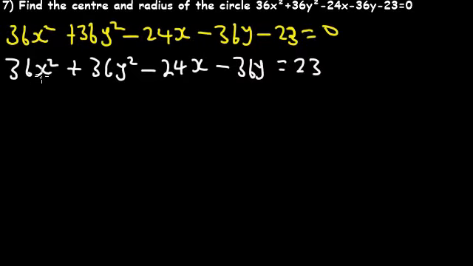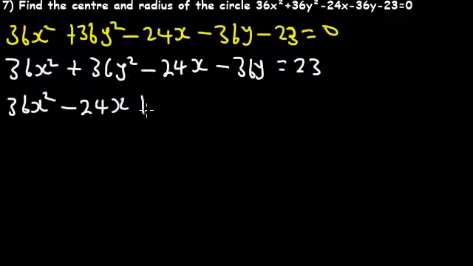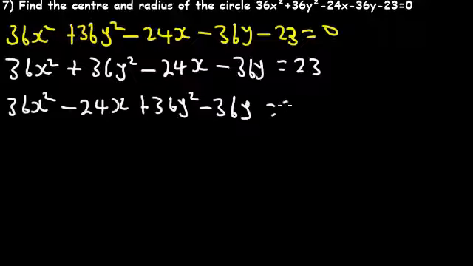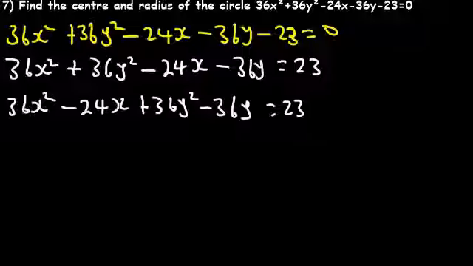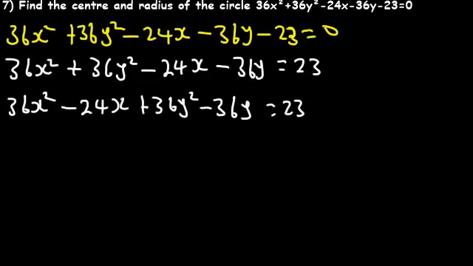But before we do that, let's attach x with x, y with y. So we have 36x squared minus 24x plus 36y squared minus 36y equals 23.